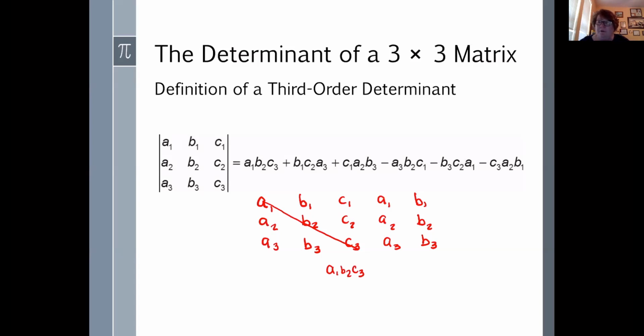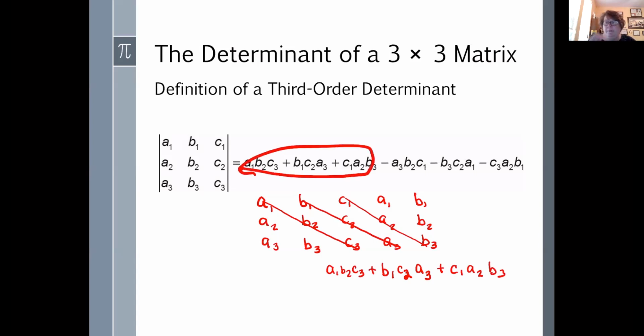So I start on the first row, second column, and draw a diagonal. C2. And then I do the same thing for the next one. And I add those 3 products together. And you'll see that's the first half of this formula.